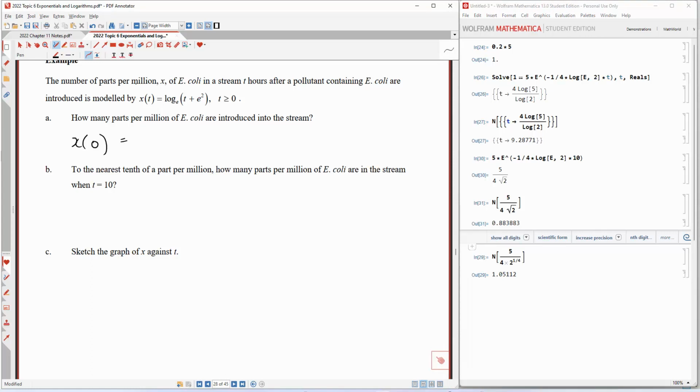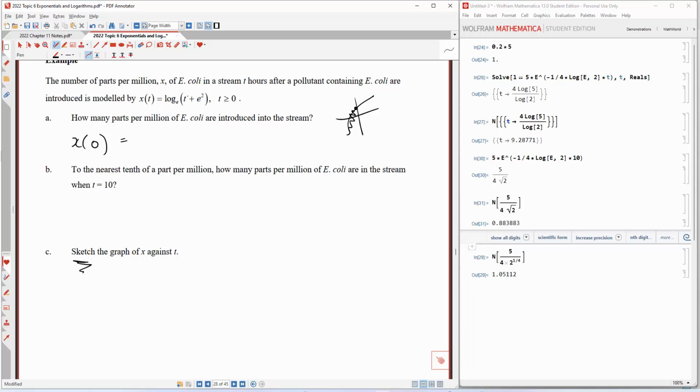And what's happening? We've got a log function, and it's been translated e to the 2, so roughly 9 units to the left. So this is going to be something like this, and it wouldn't be this. We're going to sketch the graph here, but I still prefer to do it straight away.